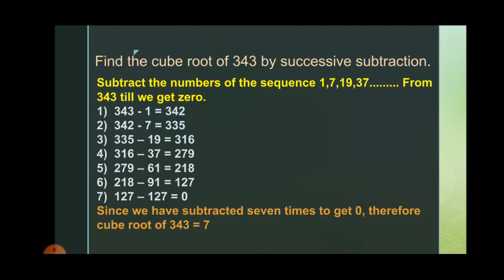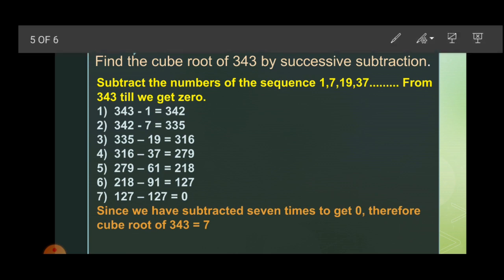Find the cube root of 343 by successive subtraction. Subtract the numbers of the sequence 1, 7, 19, 37, 61, 91, 127 from 343 till we get 0. First step, 343 minus 1 is 342. 342 minus 7 is 335.